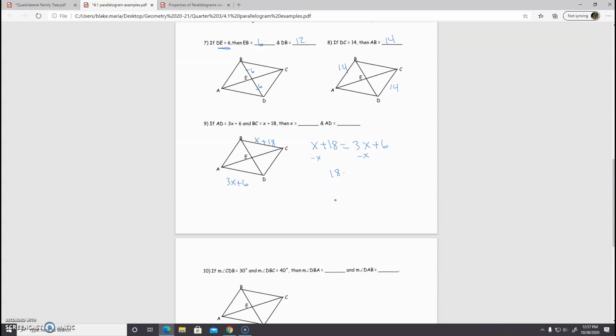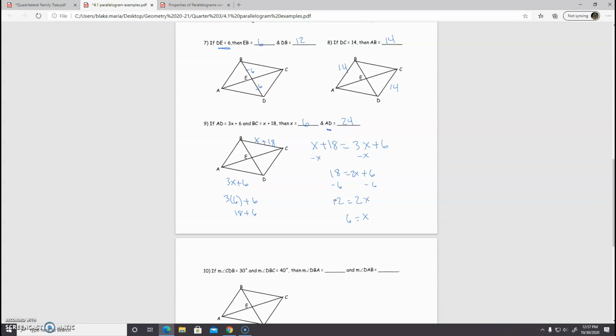So we've got 18, 3x minus 1x is 2x plus 6. We're going to subtract 6 from both sides. So we got 12. Divide both sides by 2. So x equals 6. And then they wanted AD. We got to plug it back in. 3 times 6 plus 6. 18 plus 6 is 24. Which means BC is 24.